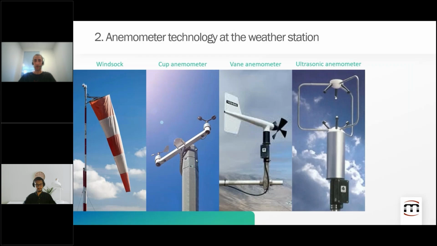When the air flows around the cups, they rotate and turn the shaft proportionally to the wind speed, the mean velocity of the wind. To give you an idea, 1 revolution per second of the half cups is equivalent to 1 meter per second for a standard anemometer.